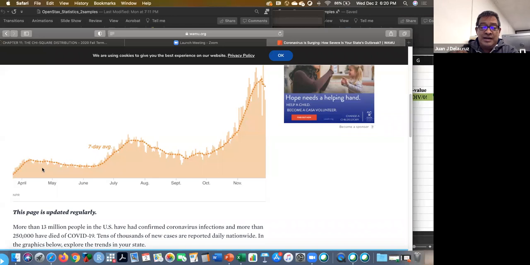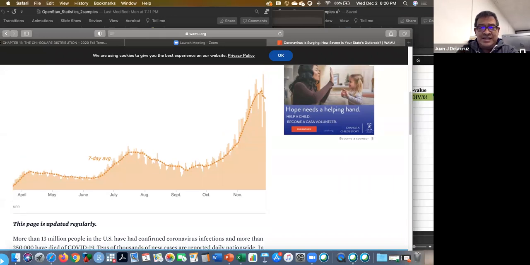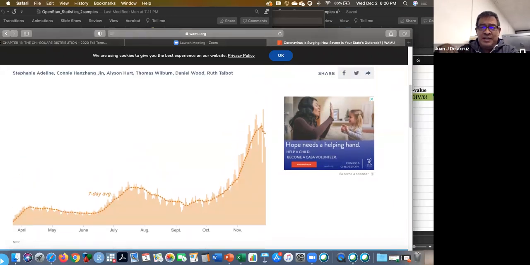In this case, I guess it's testing. Testing was going up and down. Today they have 100, yesterday 95, then 120. So the numbers were going up and down, and in order to make sense of this data, they build this 7-day average.